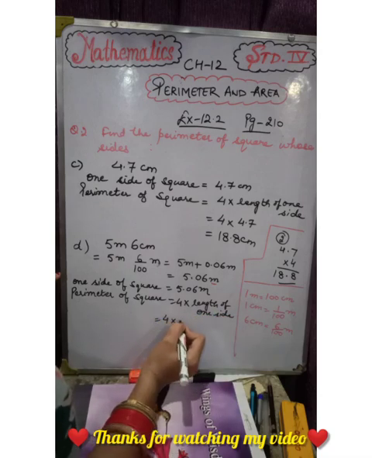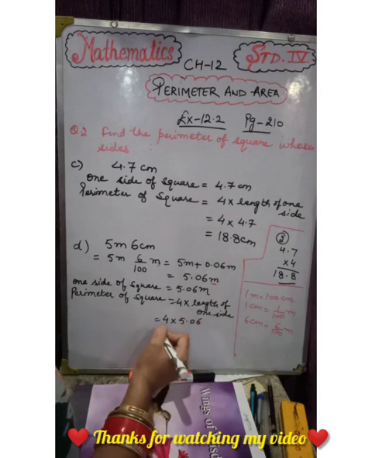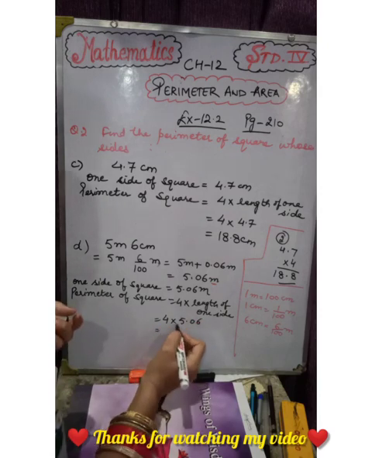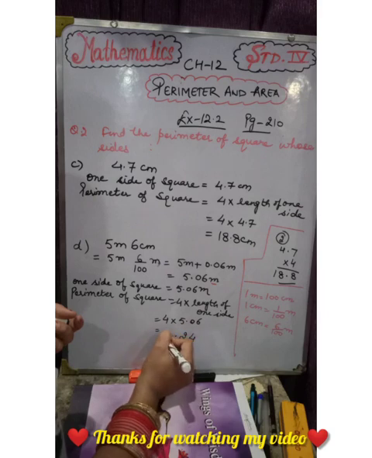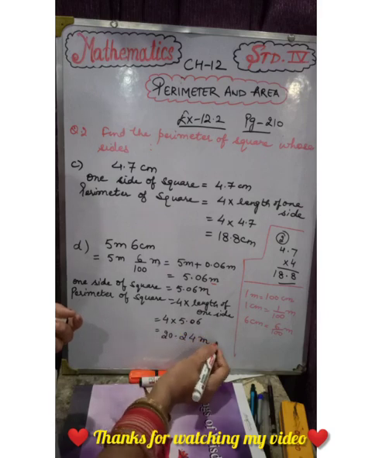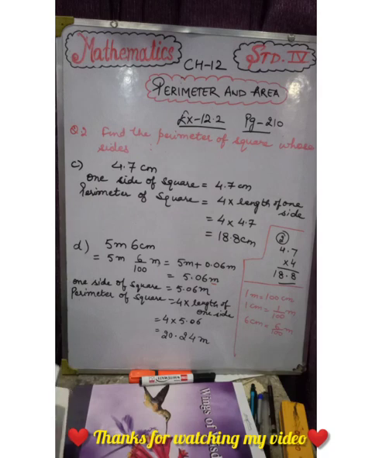Four multiply 5.06. 4 6 are 24. 0 is there, 400 plus 2 is 2, decimal, 4 5s are 20. So 2.24 meter is the answer.